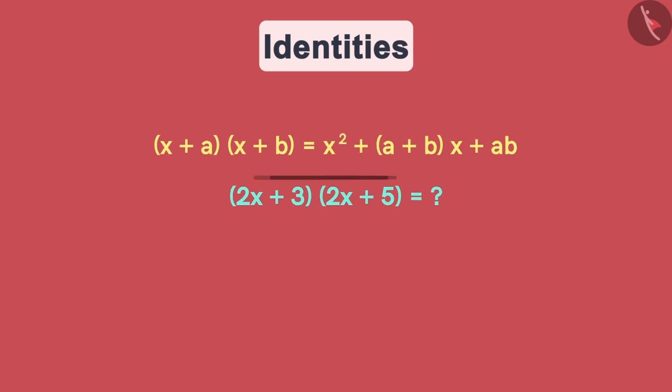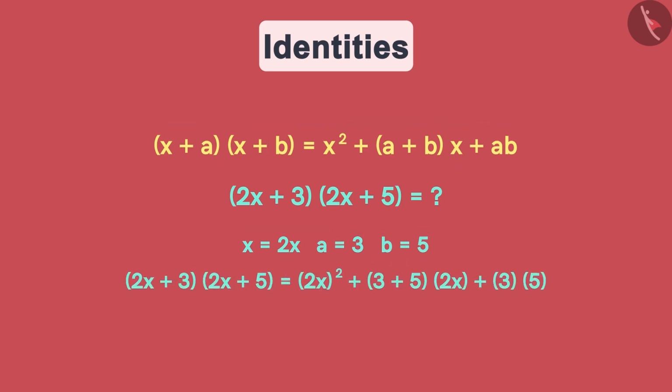Let's compare these expressions with the left-hand side of this identity. We can see that x is 2x, a is 3, and b is 5. Substituting these values in this identity, we will get this. After further simplification, we will get this as our final answer.